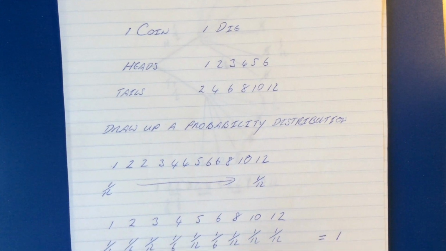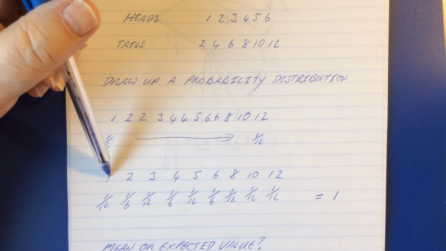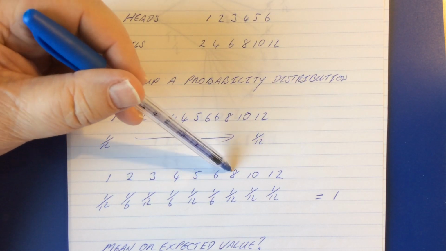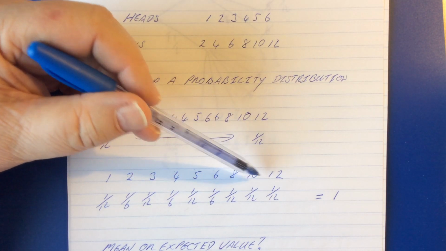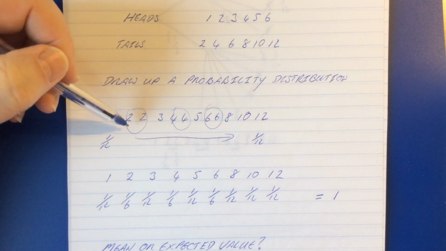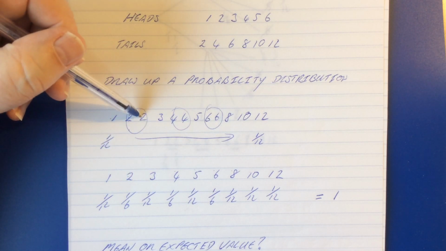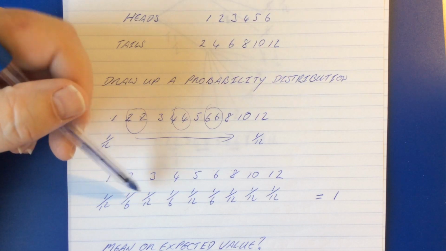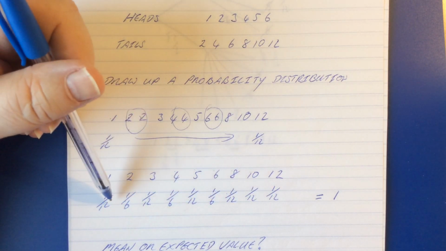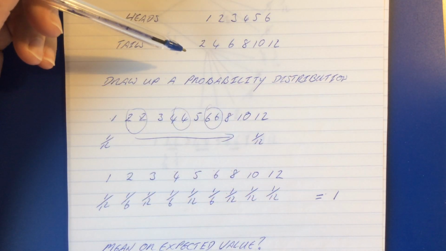But I can simplify this. That's the point. I can simplify this to 1, 2, 3, 4, 5, 6, 8, 10, and 12, and I can combine the probabilities here from 1/12 to 1/12 plus 1/12, which gives me 1/6. So my distribution isn't quite even looking, but that doesn't matter. This still adds to 1, which is what I would expect.